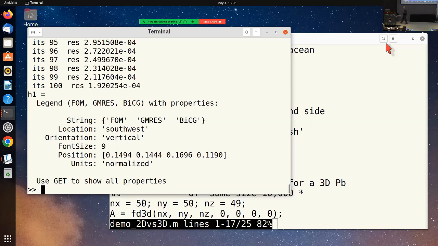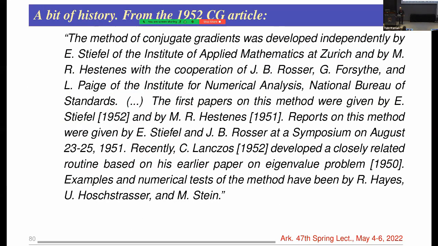Other issues or questions? I'd like to give the historical perspective about this, because it's really interesting to see what this is from those days when it was invented. The method itself was discovered independently by two groups, one in Zurich and one in the US, at UCLA.